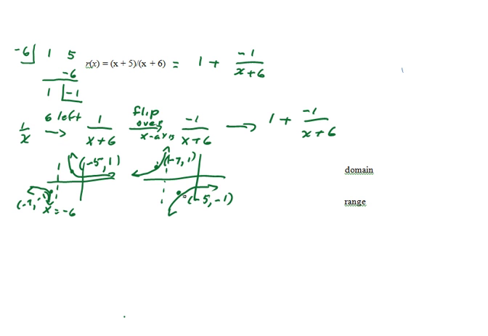The curve is then going to be moved up 1, and so -5, -1 will be right on the x-axis, and -7, 1 will be at -7, 2.